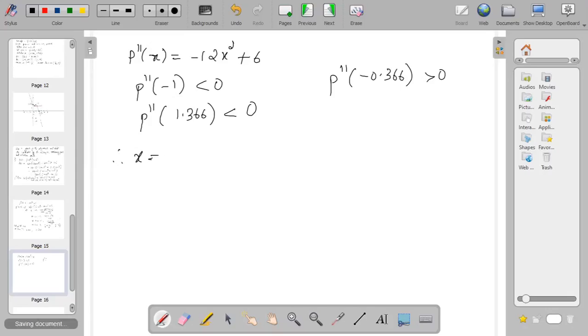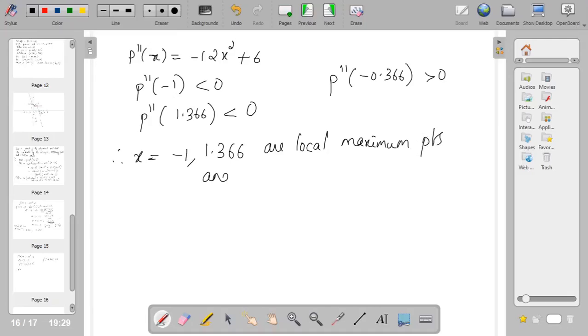So x equal to minus 1 and 1.366 are local maximum points, and x equal to minus 0.366 is a minimum point. So we get the local maximum and the local minimum points.